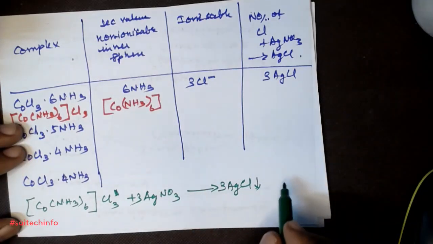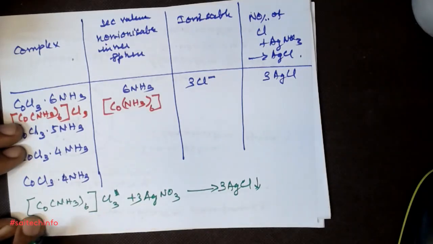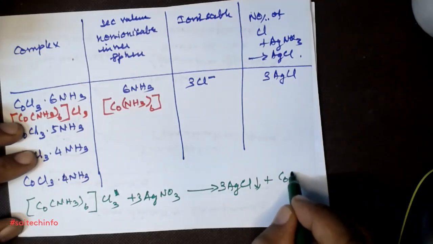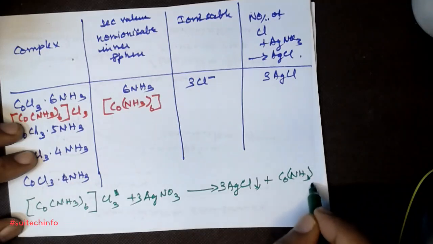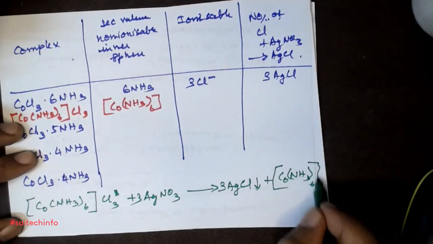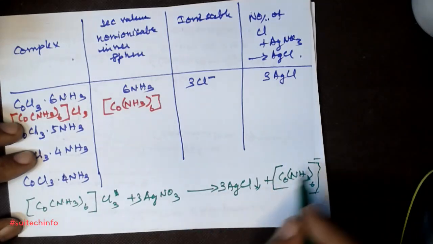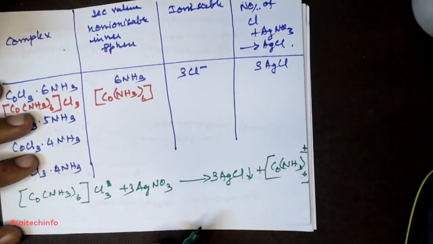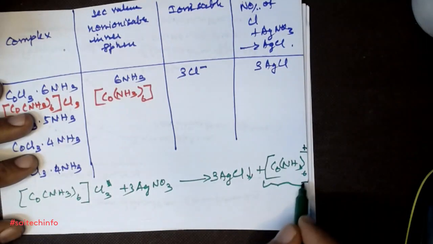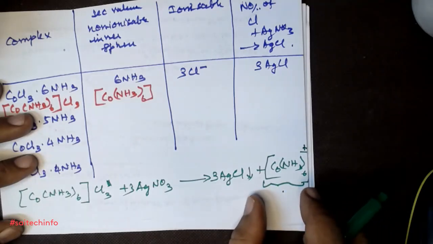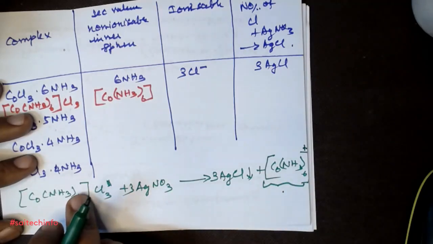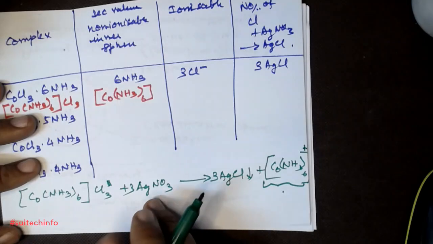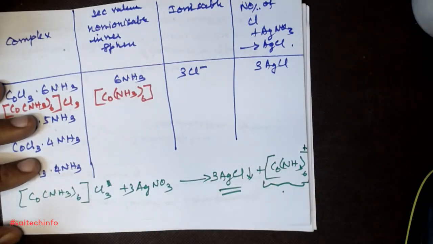It means 6 NH3 is available inside, within the complex ion along with the plus charge. They are tightly bound because of the coordination sphere, whereas the chloride is ionizable and comes out of the complex ion to react with silver to form 3 moles of silver chloride. Are you able to understand this?